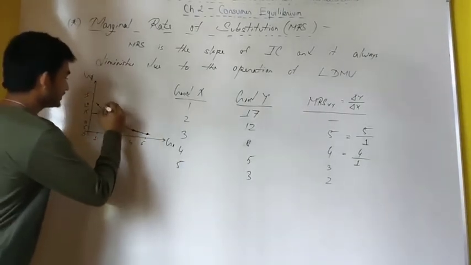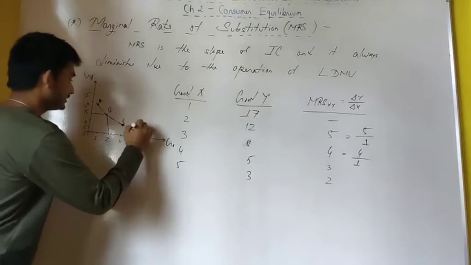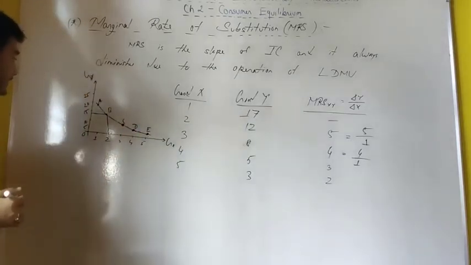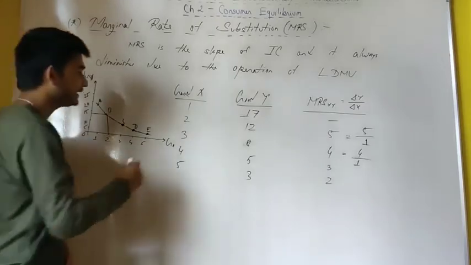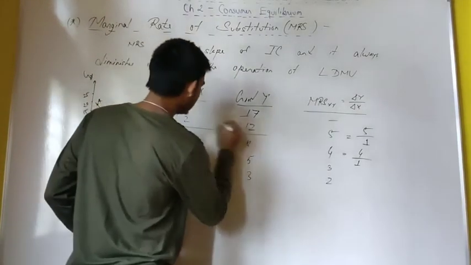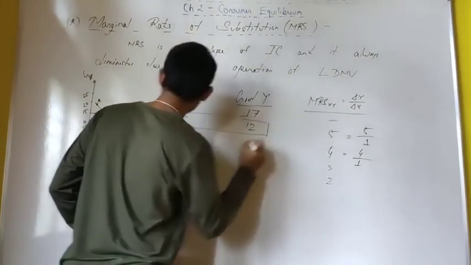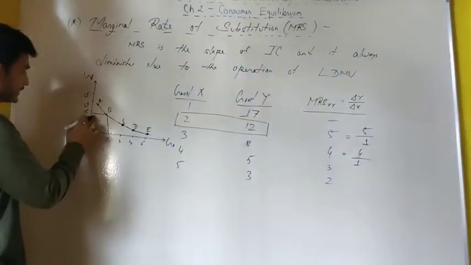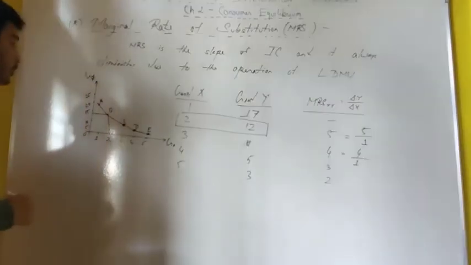Say the points are A, B, C, D and E. He is at point B. So at point B he is consuming 2 units of good X and 12 units of good Y.